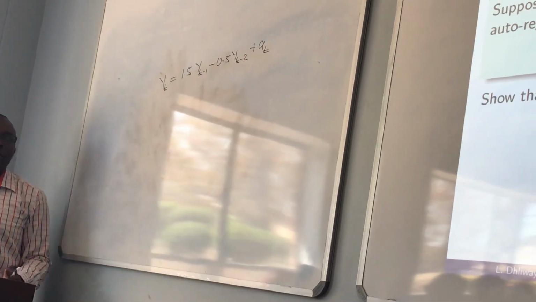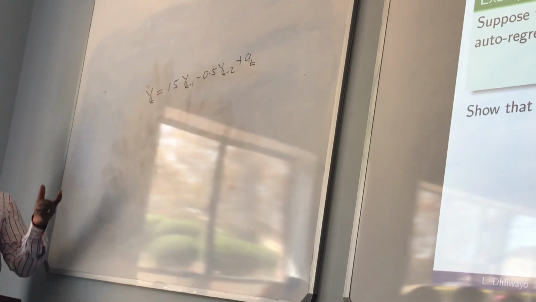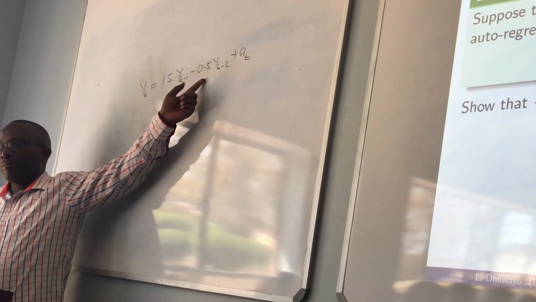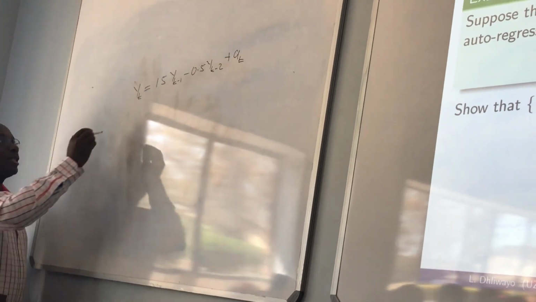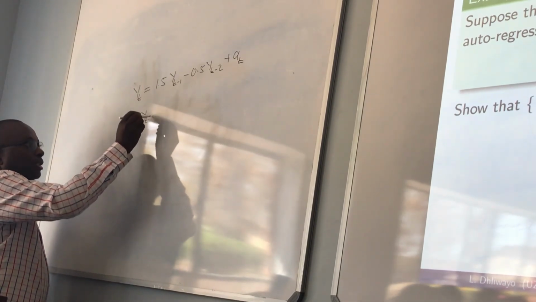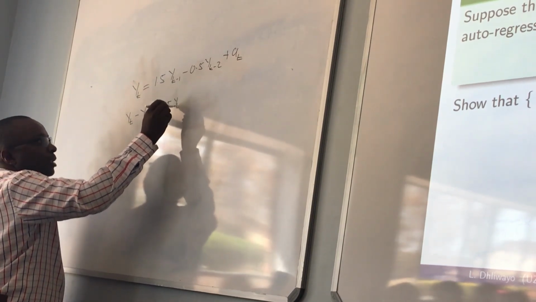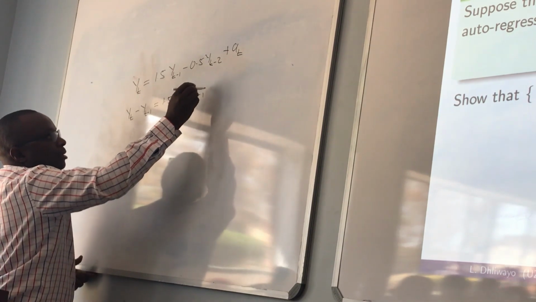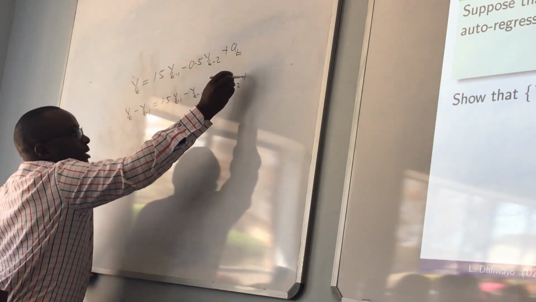First. So with the first method, what we need to do is just subtract Yt-1 here, and also subtract Yt-1 here. I don't change anything. So we say Yt minus Yt-1 is equal to 1.5 Yt-1 minus Yt-1 minus 0.5 Yt-2 plus At.